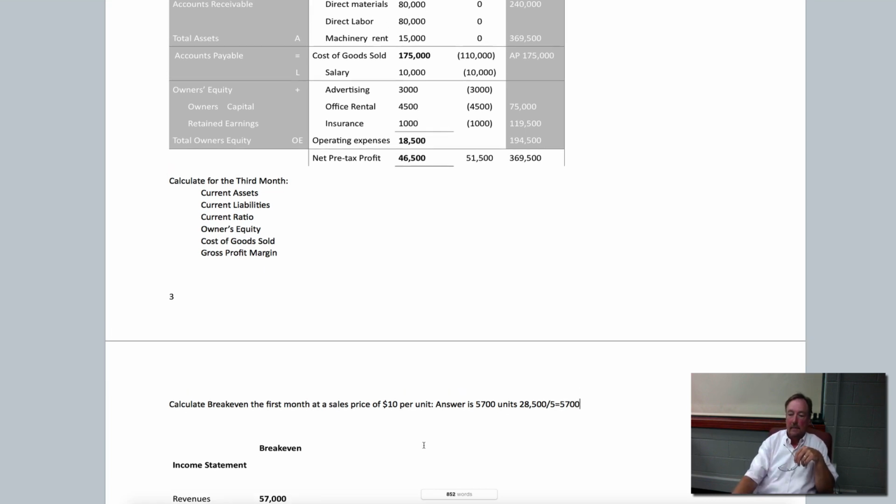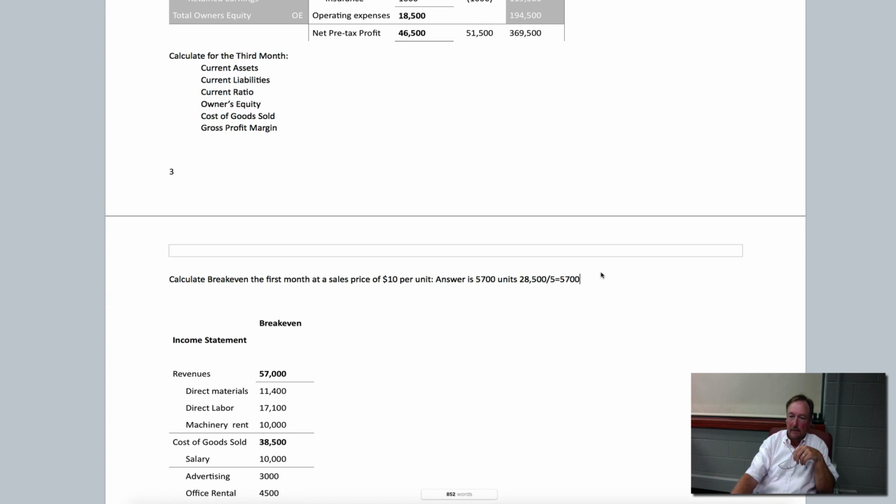So let's go test that. Well, if we're going to sell 5,700 units, our revenues would be $57,000. If we're going to sell 5,700 units at $2 a unit for direct materials, we're going to incur $11,400 in direct material costs.